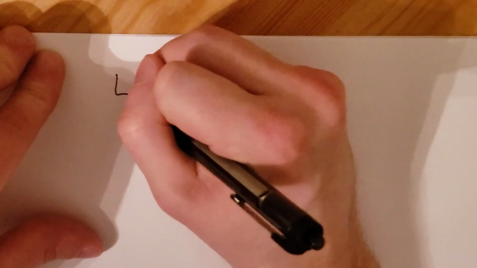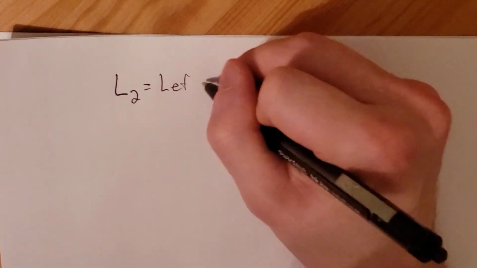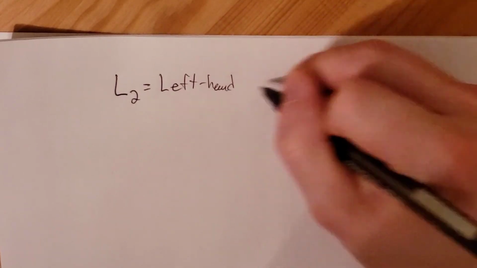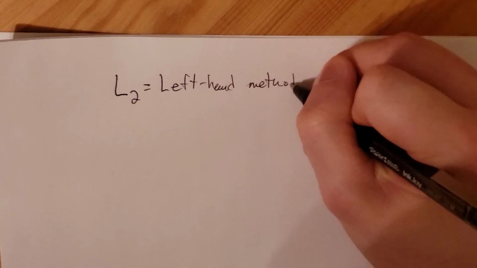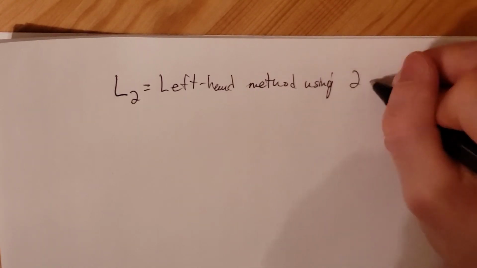Real quick in this video, we are going to do a similar calculation, but with the left-hand limits. So let's now calculate or estimate the area under the curve using L2. This is the left-hand method using 2 rectangles.